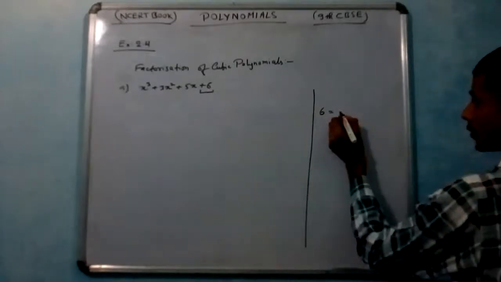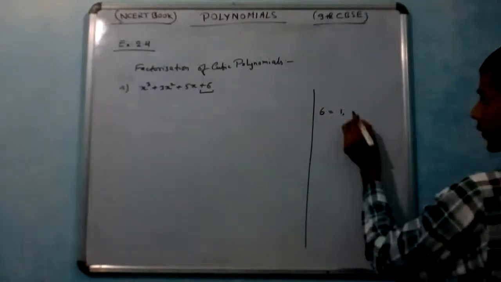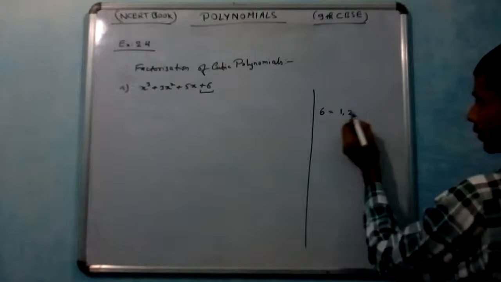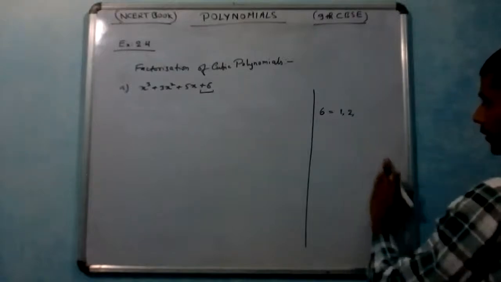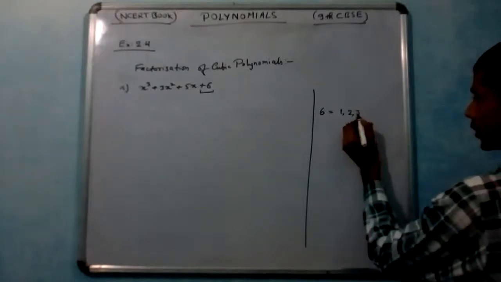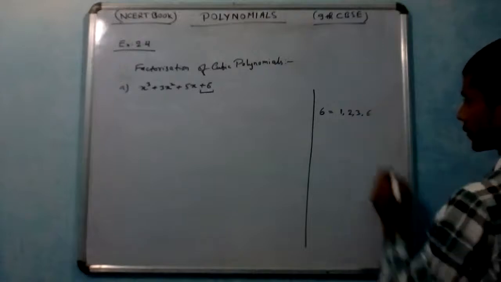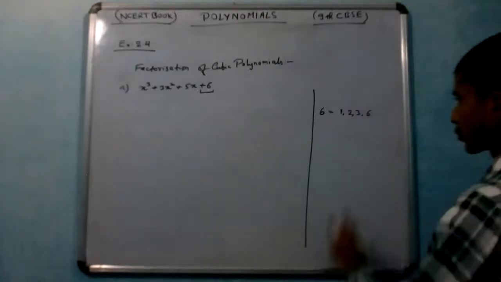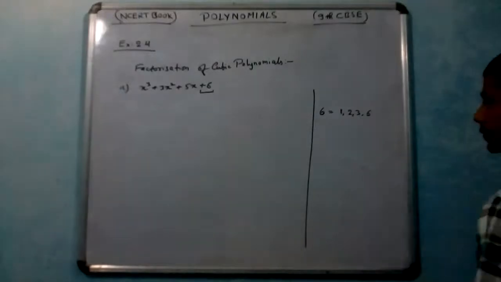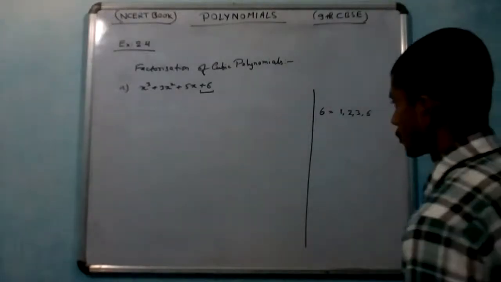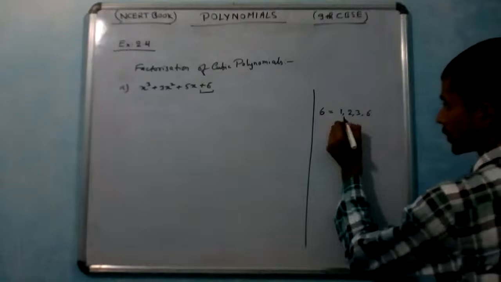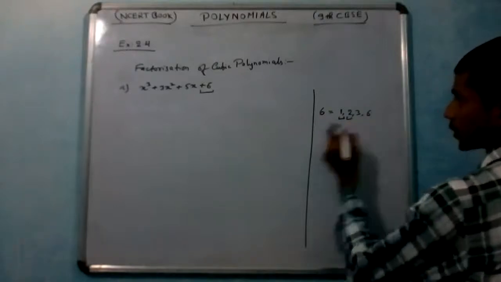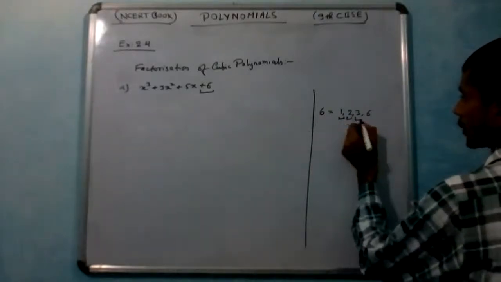So 1 is there, 2 is there, 3, 4, 5, then 6. 6 is also a factor of 6, it can divide 6. So now for this we have to check in which of these numbers p(x) will give us the value 0.